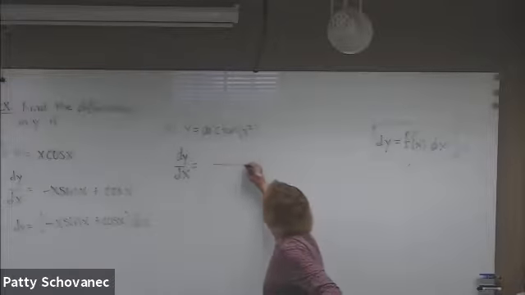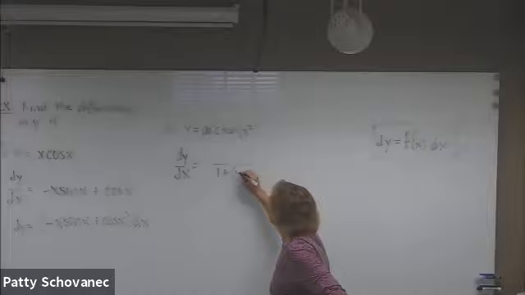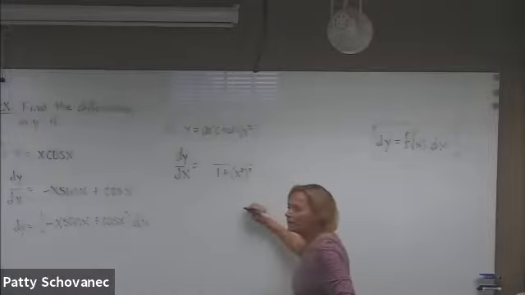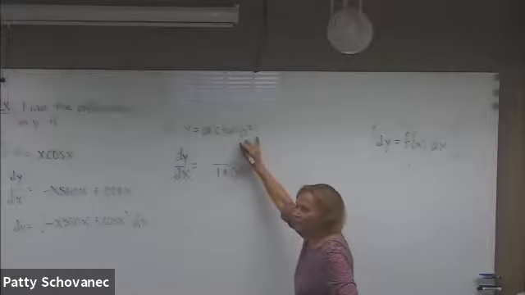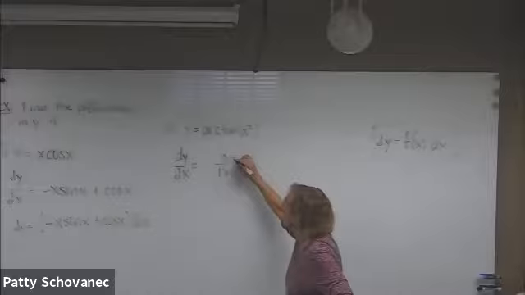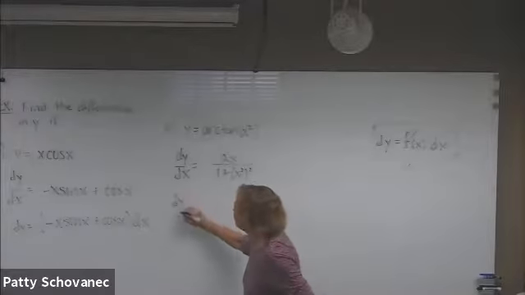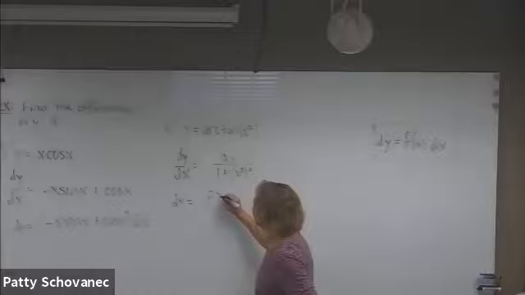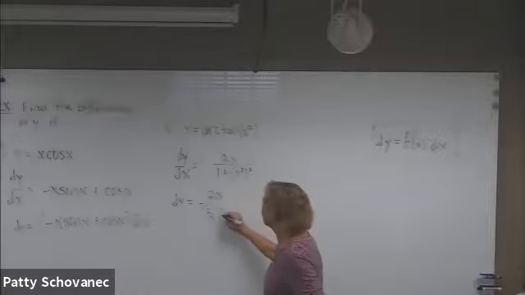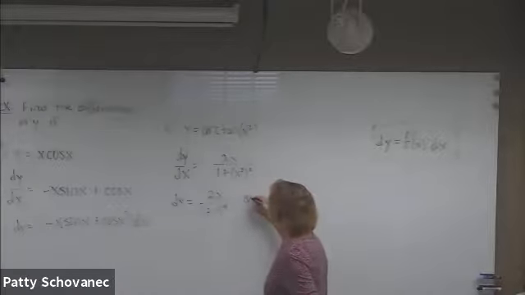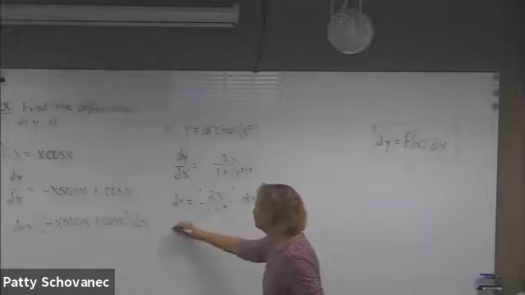One over u squared plus one, so 1 over x squared squared plus one. And then we take the derivative of the inside and get 2x. Now multiply both sides by dx. Let me write that as x to the fourth. Put the dx here, and there's your differential.